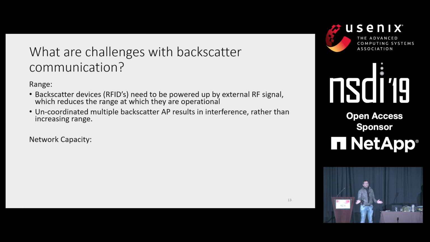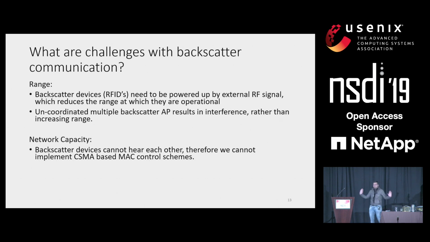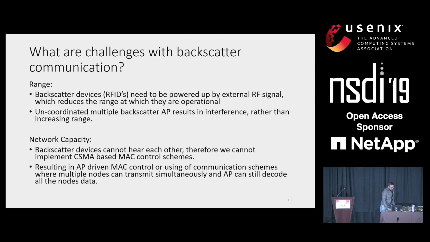Now, they cannot hear each other. So the CSMA MAC, which we use for Wi-Fi extensively, where we just shut off whenever somebody else is transmitting, wouldn't even work. These devices need to be sent a signal to wake them up. Once they start shouting, they don't hear anybody else. They just keep interfering with each other. Further, this results in additional complexity on the access point side.